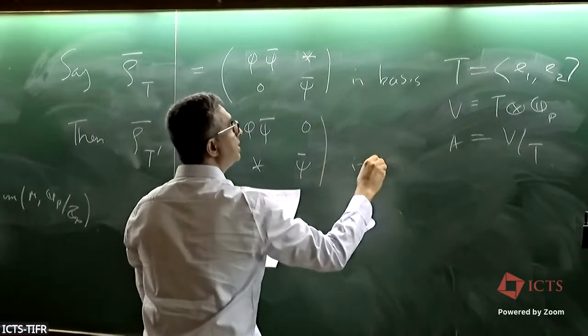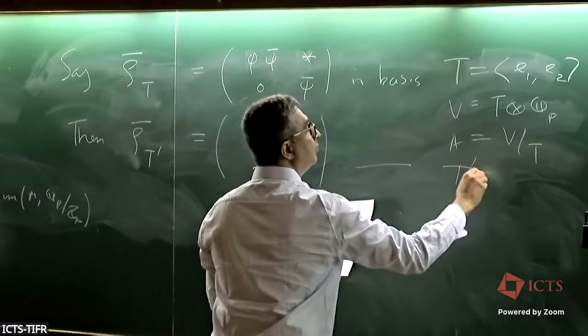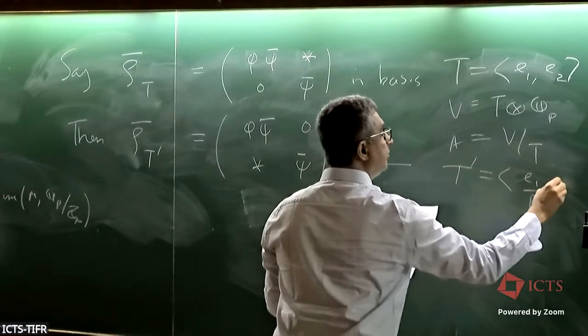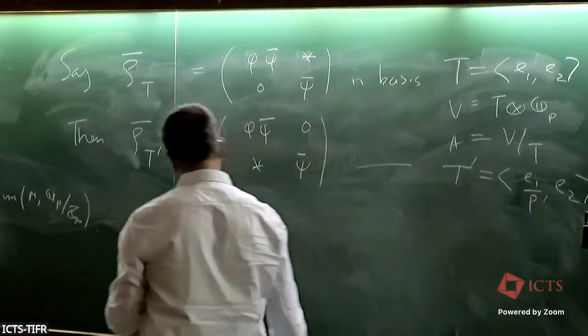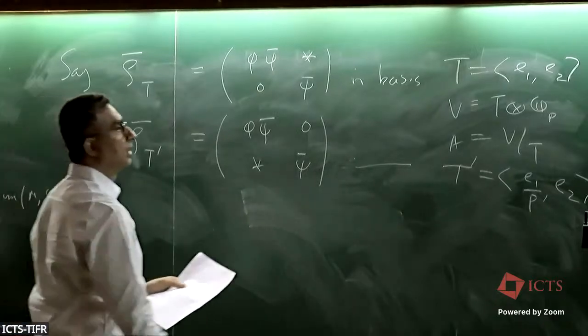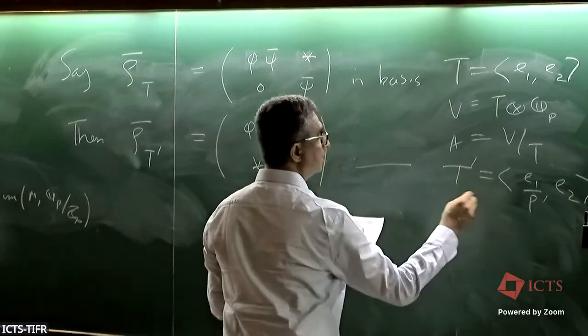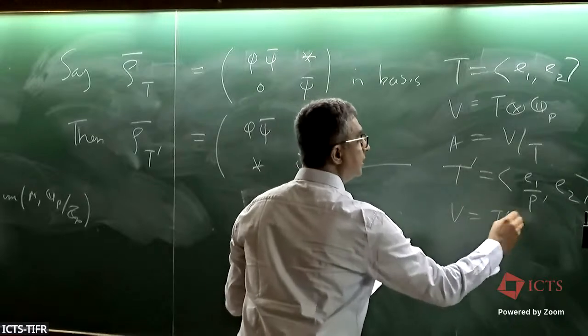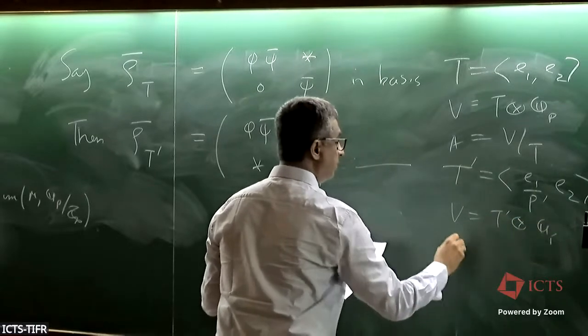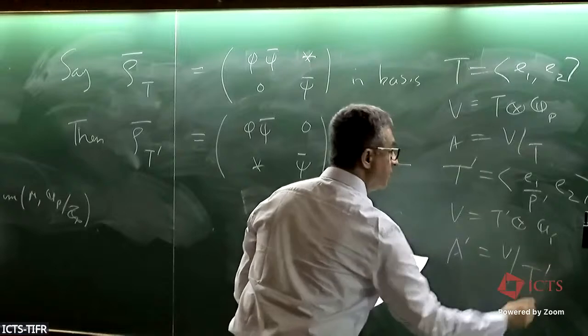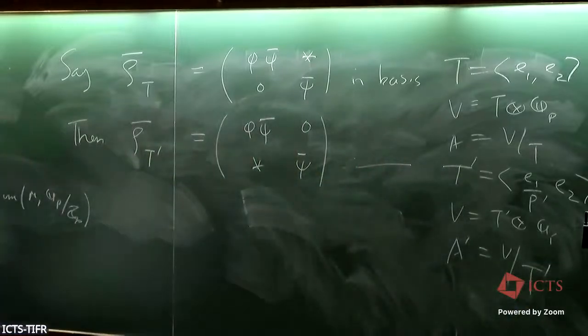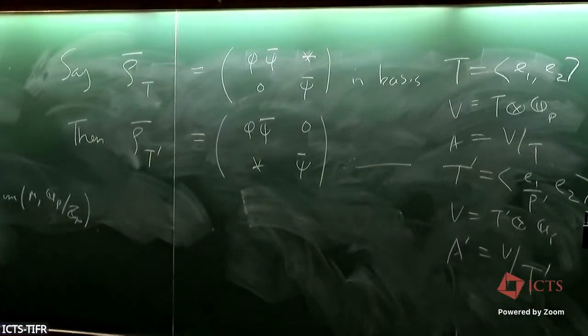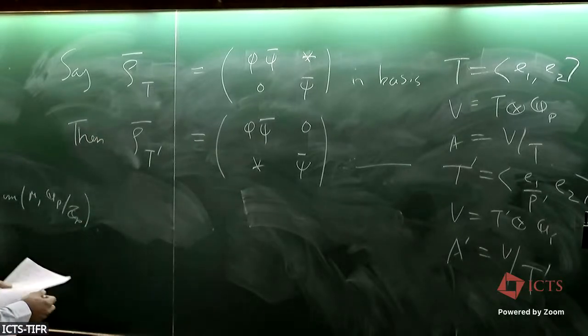And another basis, e1 over p, e2, small computation. And so V is still, V doesn't change, of course, when you tensor with Q_p, but A prime changes because it's sensitive to the denominator. So we'll soon be in such a setup.